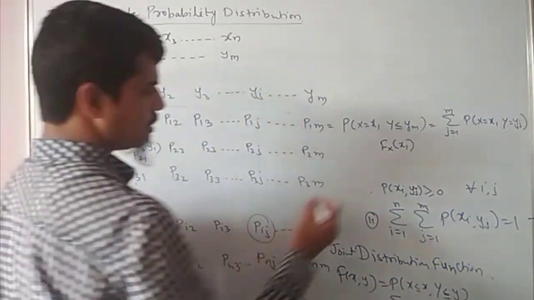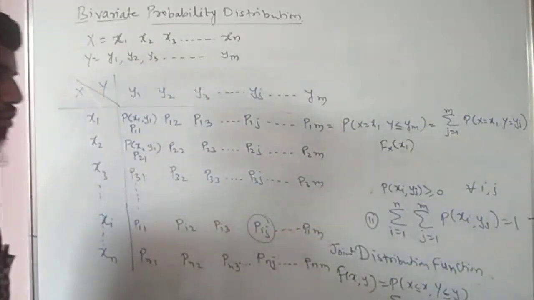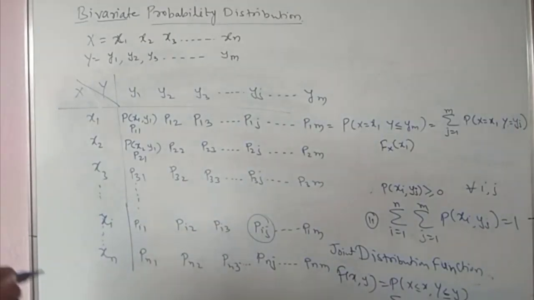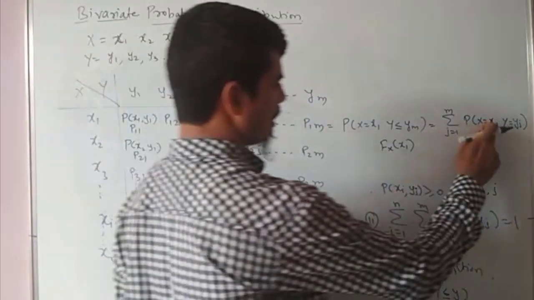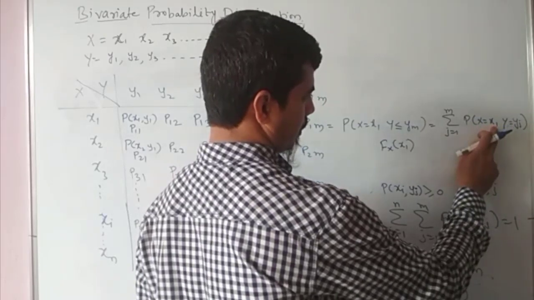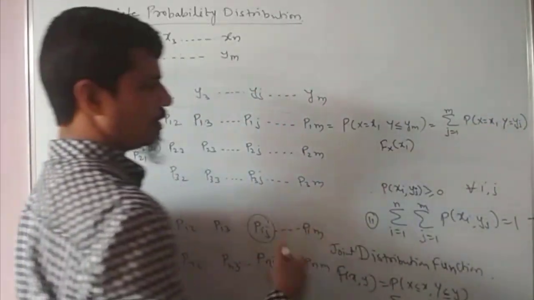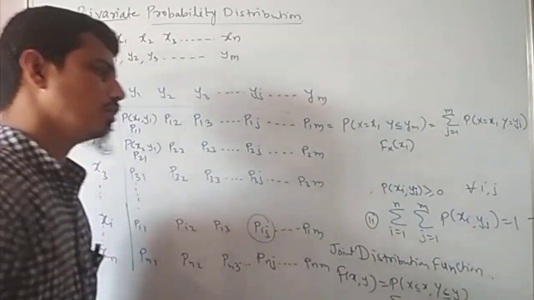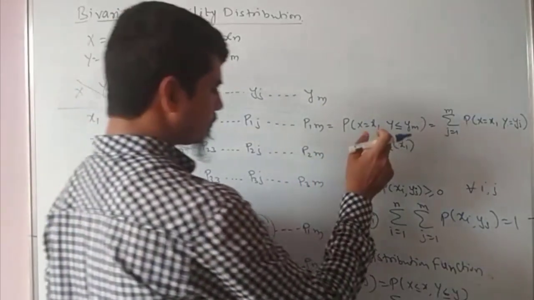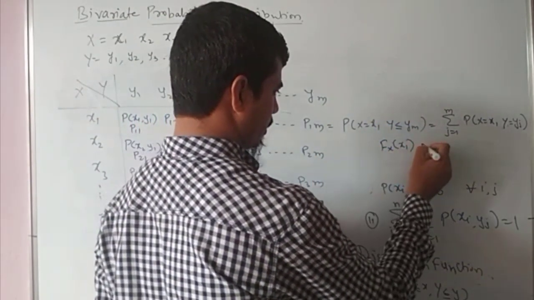We keep x as a constant, x equal to x1, and change the value of y: y1, y2, y3, and so on. So this sum is known as the marginal distribution function.